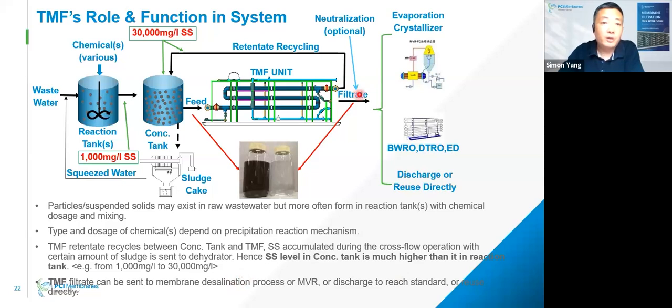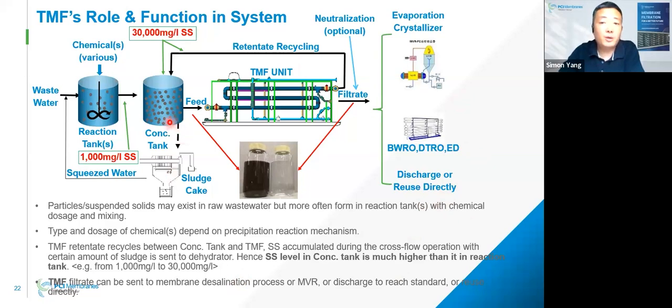Retained water stream will recycle between the TMF modules and concentration tank in a cross-flow filtration mode. And the filtered water is sent to a separate tank and then discharged or reused directly, or sent to some membrane desalination unit such as RO, or even to an evaporation crystallizer.